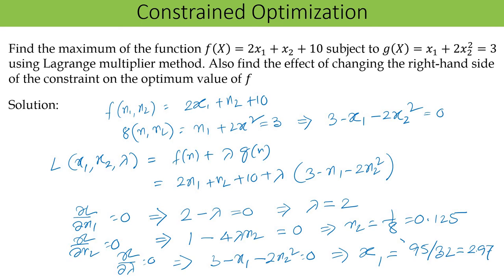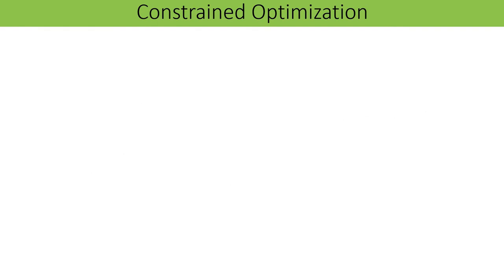Now what you have to do is find out the Hessian matrix. So calculate the Hessian matrix. In this case, you should get 0, 0, minus 1, then 0, minus 4 lambda, minus 4 x2, and minus 1, minus 4 x2, 0.